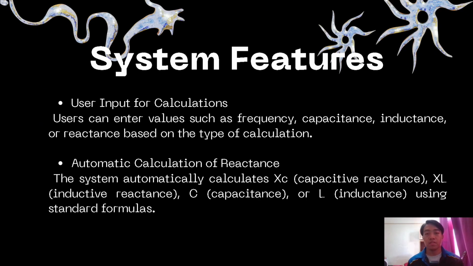Thank you. Okay, for the system features: user input for calculation, where the user can enter values such as frequency, capacitance, inductance, and reactance based on the type of calculation. Automatic calculation of reactance, where the system automatically calculates XC, capacitive reactance, XL, inductive reactance, and C, capacitance, or L, inductance, using standard formulas.